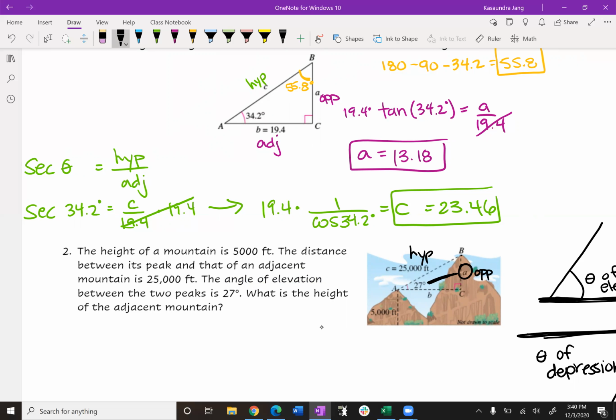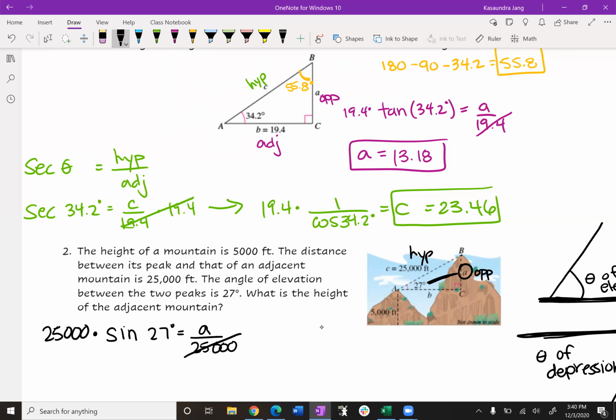So out of all my 6 trig functions, to do opposite over hypotenuse, I'm probably going to go with sine. Sine of 27 degrees is the opposite, in our case A, over the hypotenuse, 25,000. So I will multiply that 25,000 over the other side.